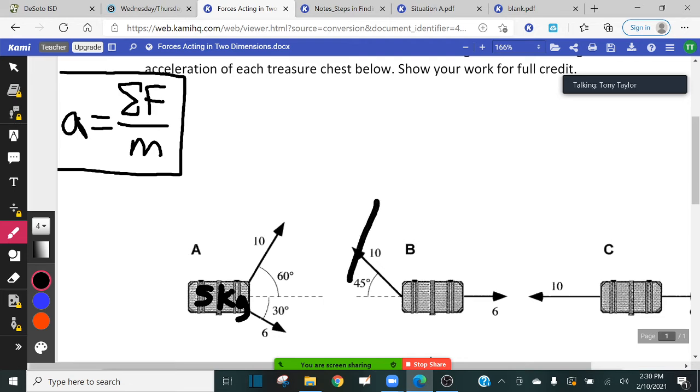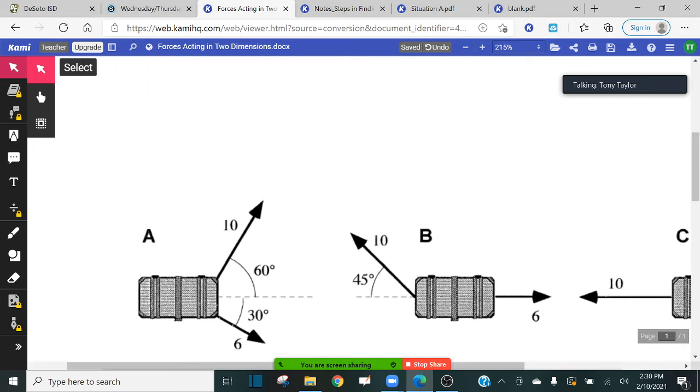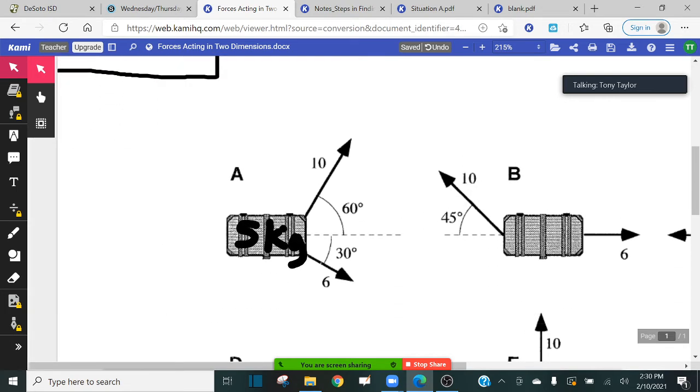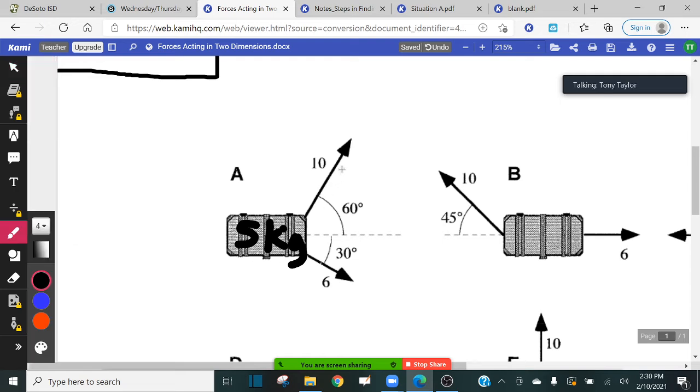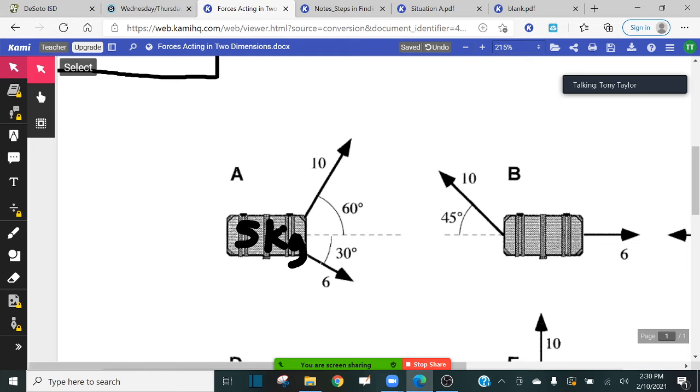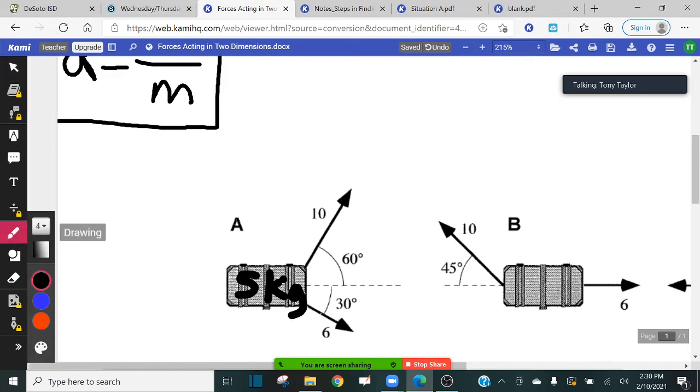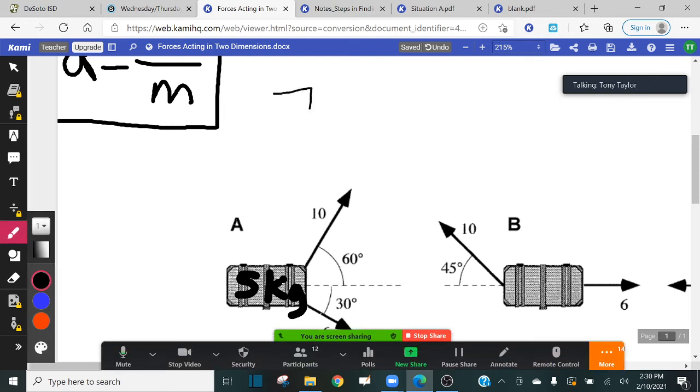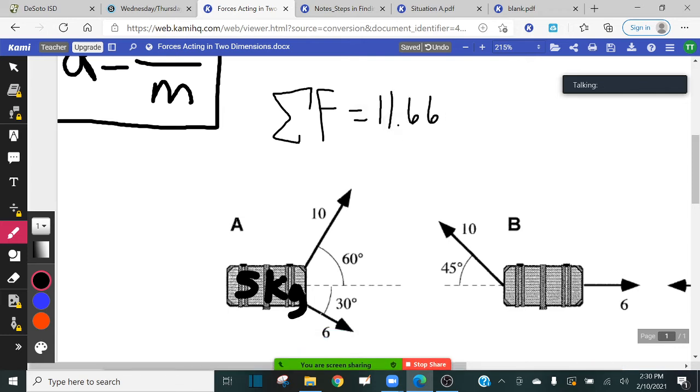We're almost done with situation A. Hopefully it should be obvious that when I take this vector right here and combine it with this vector right here, I'm going to get a net force that is 11.66 newtons, because we just calculated that.